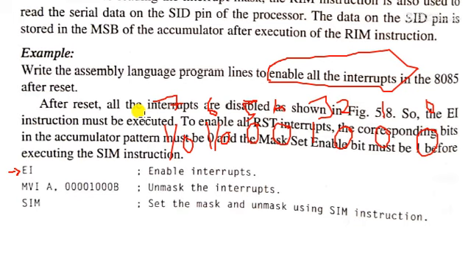We know that there are two types of mapping: IO mapped IO, input output device mapped, and memory mapped IO. Basically in 8085, all the devices are connected with IO mapped IO. So in IO mapped IO, the data is transferred through the accumulator, only the accumulator. That's why the SIM instruction gets the data from the accumulator. So we have to load this value, that is 0001, 0010 or 10, whatever.